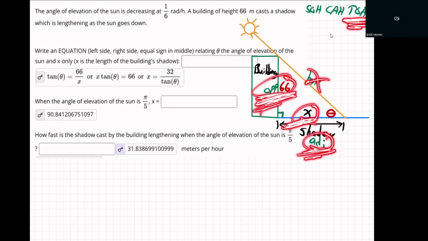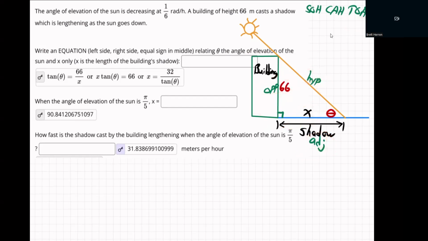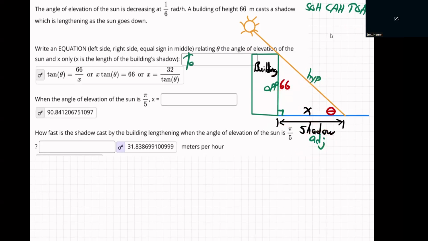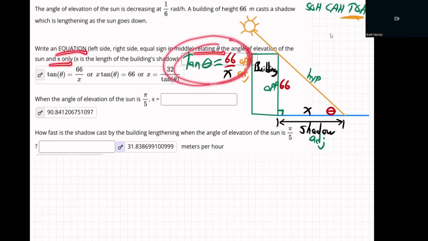That'd be tangent. So our formula is tangent of theta is opposite 66 over adjacent x. Tangent is opposite over adjacent. So there it is. That's our equation relating theta and x only.